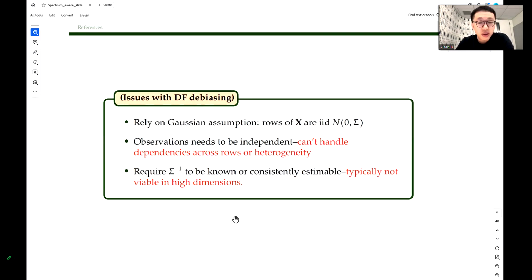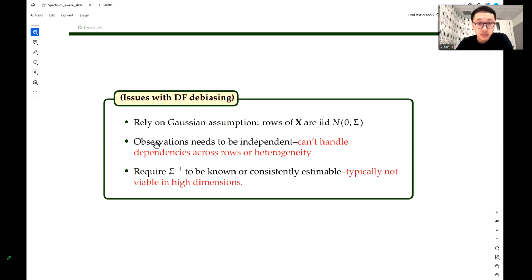is very interesting and gives us an insight on what one should do for high dimension debiasing, but there are also issues. First of all, it really relies on the assumption that the rows of your design matrix, basically your observations, are independent and follow a multivariate normal distribution with covariance sigma.